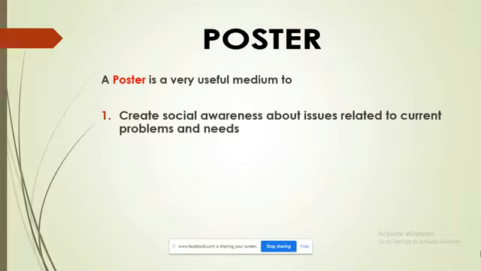First of all, understand what is a poster. You are well aware of the posters, dear students, because every day you come across posters in the newspapers, on the roadsides, in the hoardings, and also outside the hospitals and the important buildings for information.